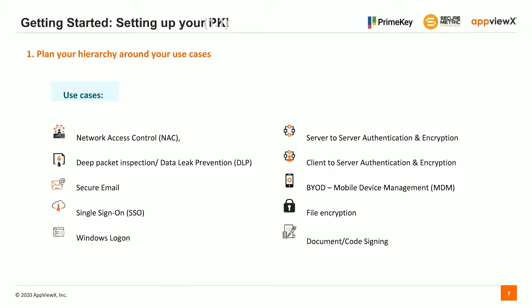The other use case that still many people are surprised when I say this, but actually secure email, S/MIME, right? Secure email signing and encryption using X509 certificates have been around since, I think, the year 2000.